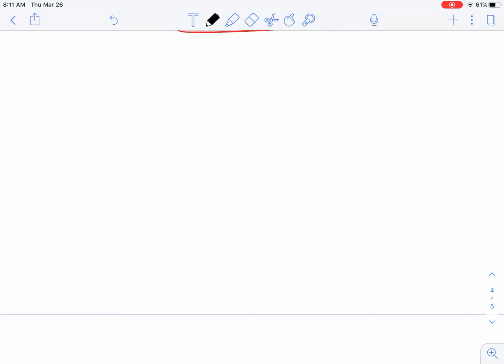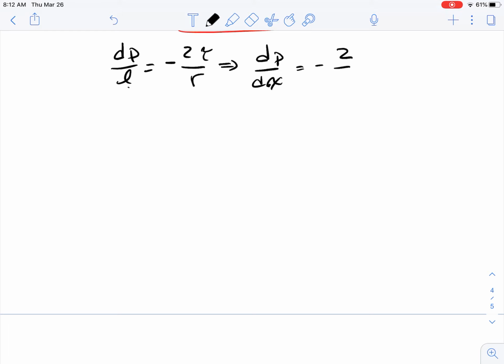So we have that dP over L is equal to minus 2 tau over R. And what we can do is go ahead and make a couple of changes here. dP over L can be written in terms of a differential as dP/dx. So dP/dx is equal to minus 2 over R times tau. And tau, that's our shear stress.